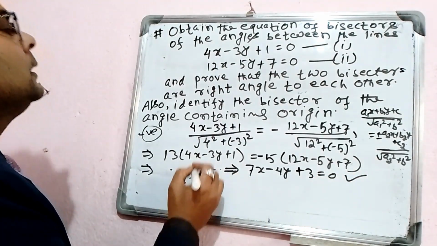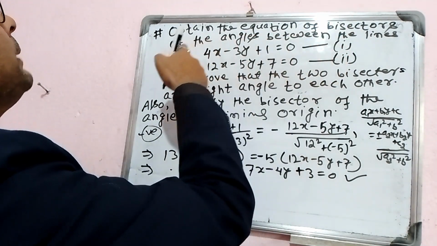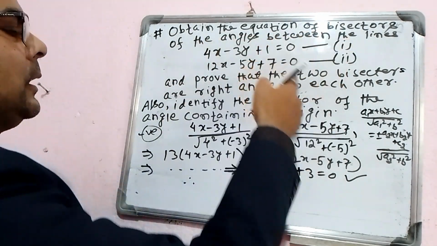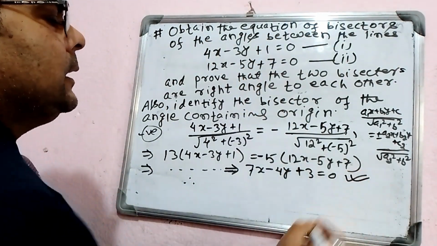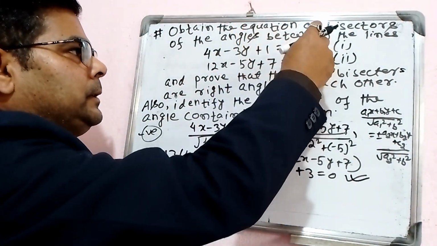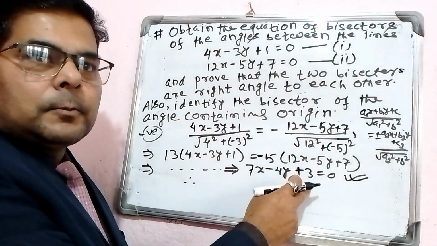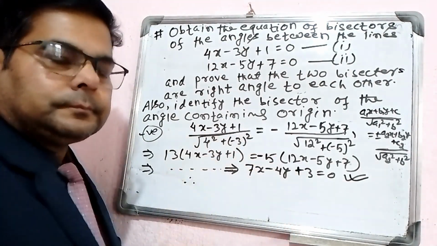So therefore we answer this question up to here: obtain the equation of the bisectors of the angle between the lines. We have already calculated the equation of the bisector of the angle between these two given lines. So this is the equation of the other bisector.